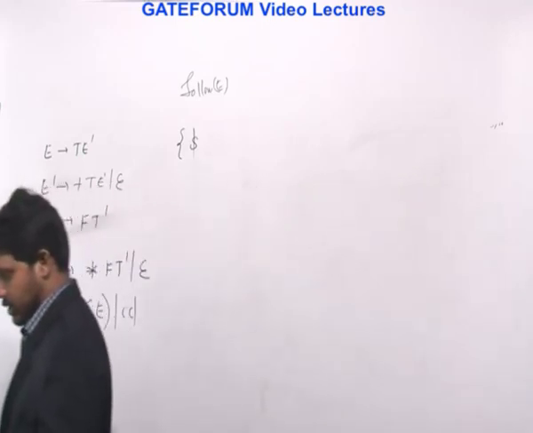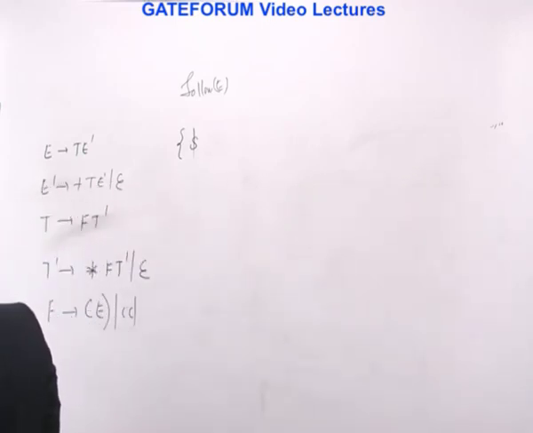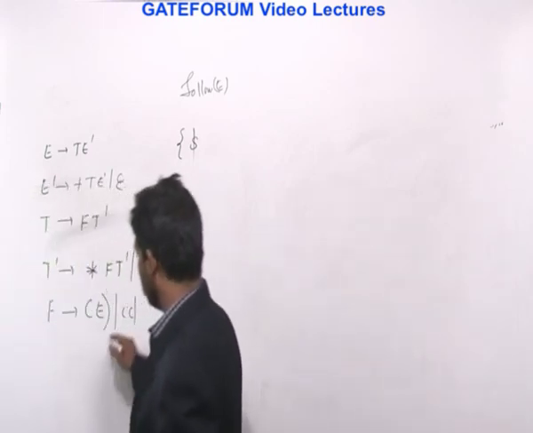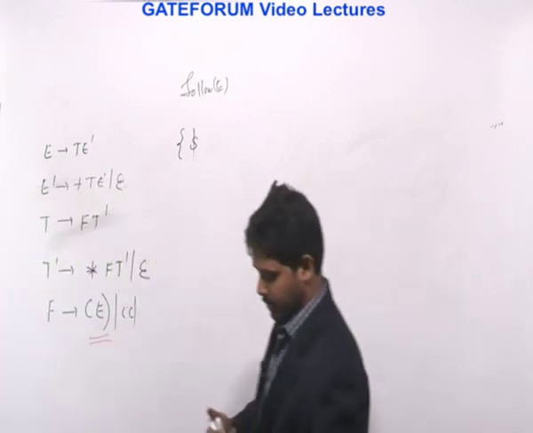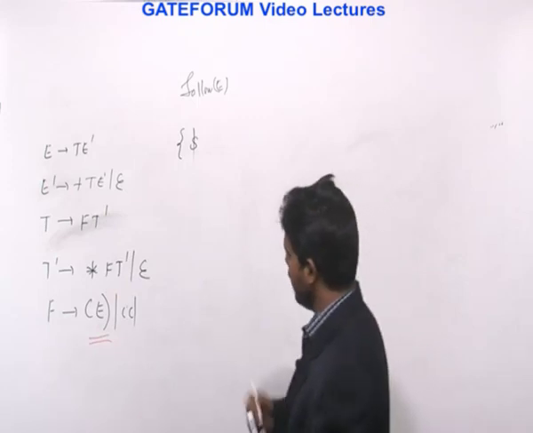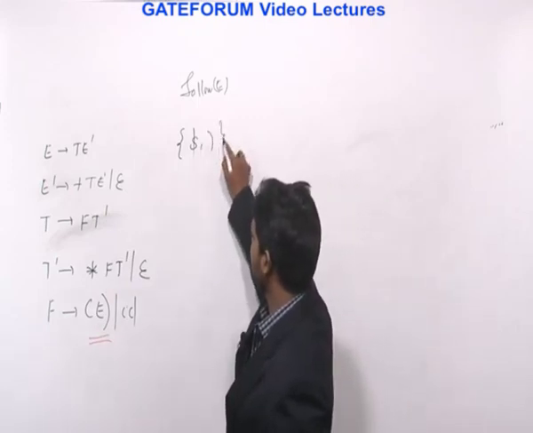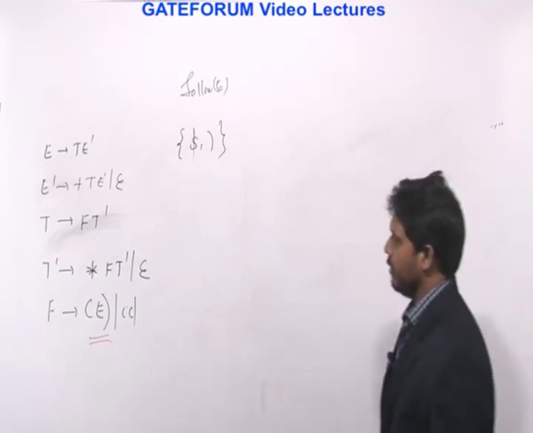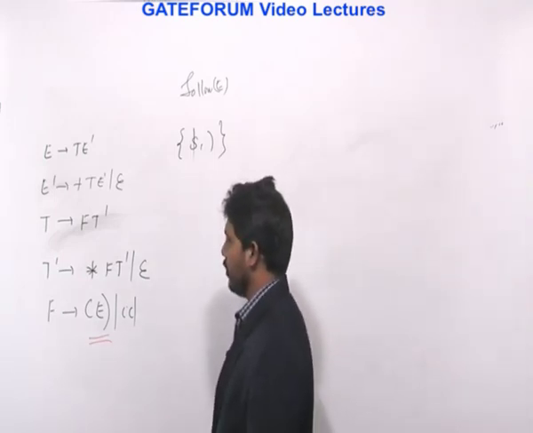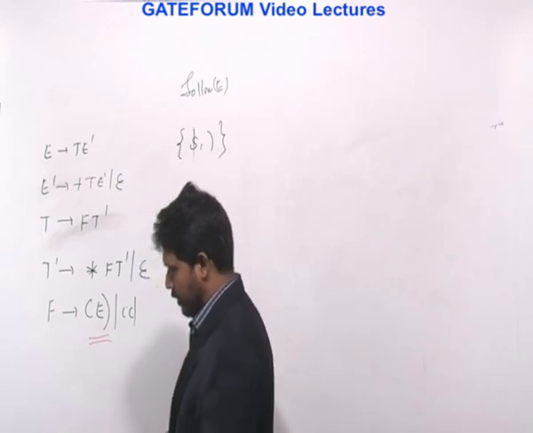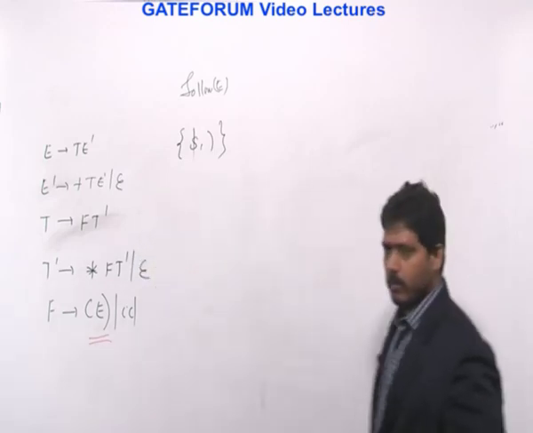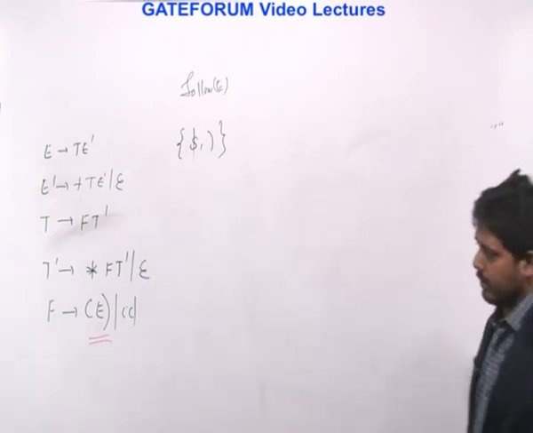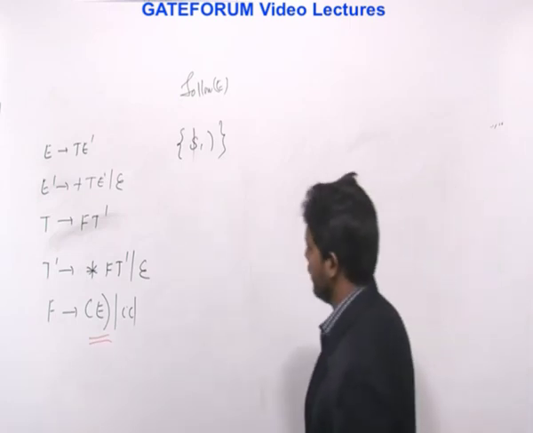When you search, we identify that E is present over here, followed by a closing bracket. So dollar for trivial rule number 1, and non-terminal followed by terminal is another rule. So follow of E is dollar and closing bracket.